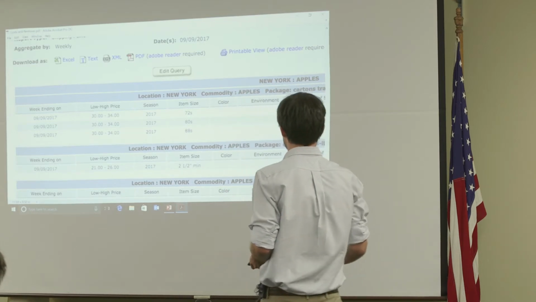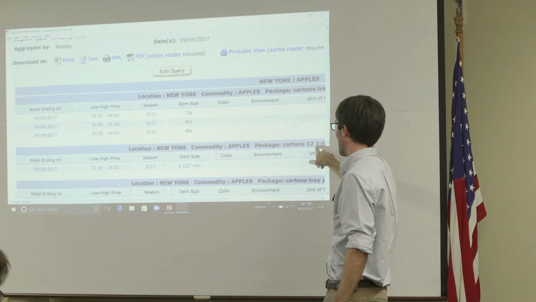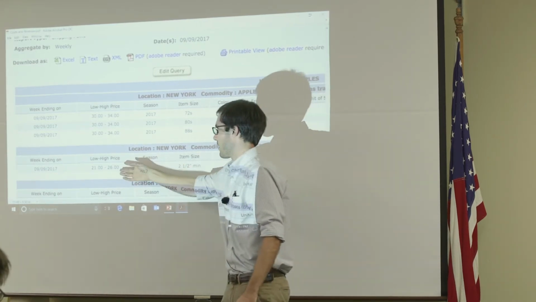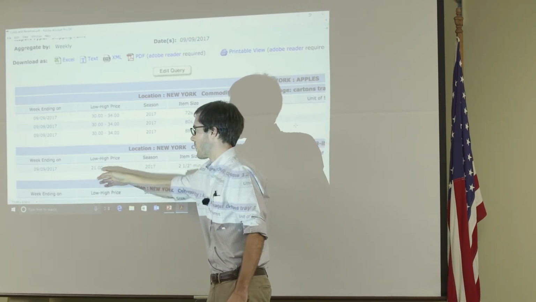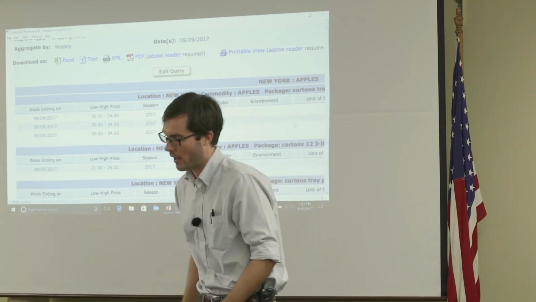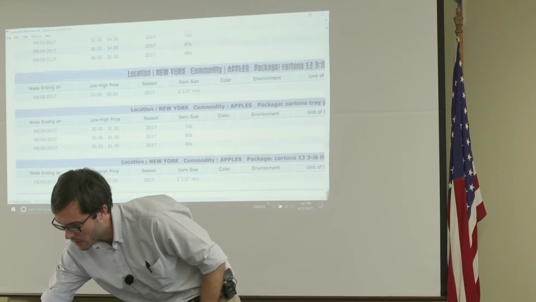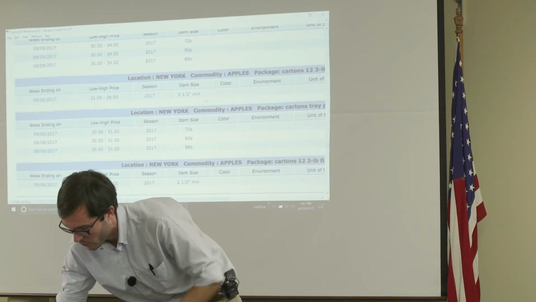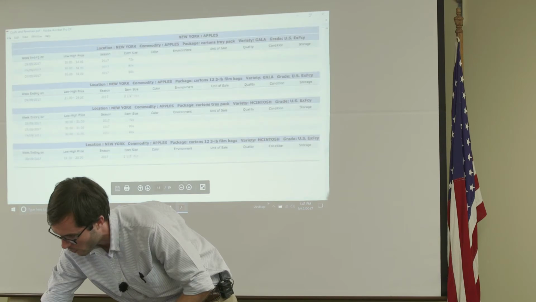But this one in particular does specify, so it's 12 3-pound cartons for 36 pounds of apples. At the shipping point, the seller's getting paid between $21 and $26 last week for these Gala apples. And so again, this may give you a sense of what's going on right now in the market and allow you to compare different varieties of apples or different types of fruits and vegetable crops.